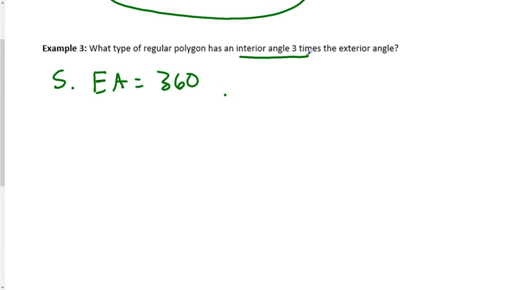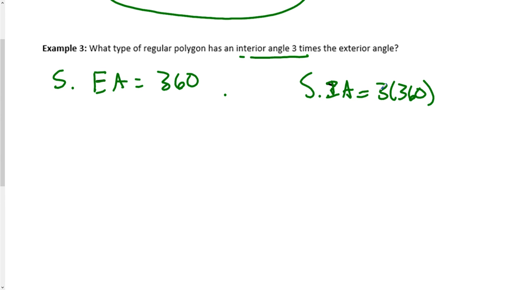So if the exterior angles, if you add up all their sums, is 360, that means the sum of the interior angles, let's try that again. The sum of interior angles has to equal 3 times 360.